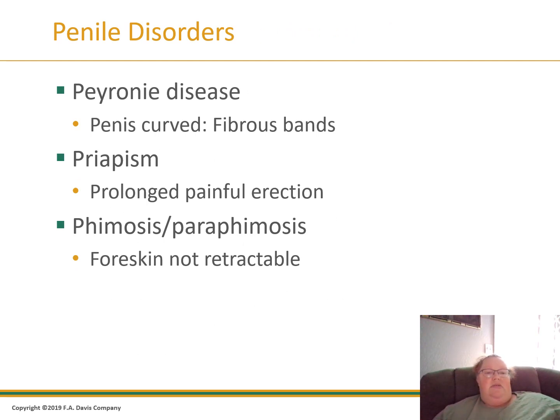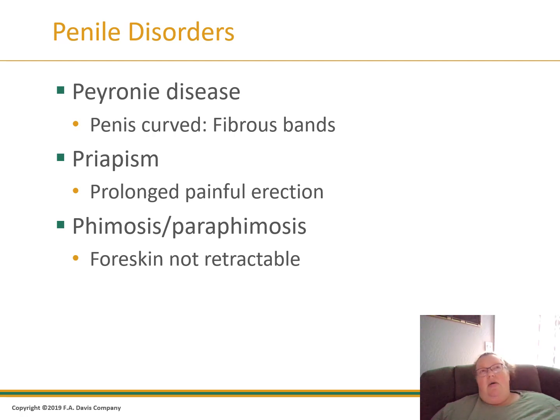All right, so penile disorders: your Peyronie disease, which is a curved penis, where there are fibrous bands that make it curved. Priapism is a prolonged painful erection. Typically it happens with the inappropriate use of Viagra or penile stimulants.